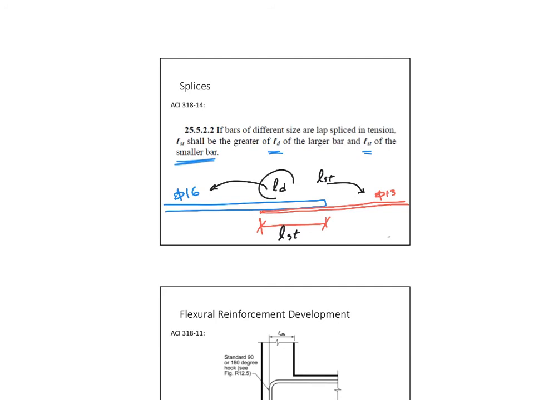So you take the bigger of LD for the phi 16 and LST for the phi 13. This is what you apply for the splice, because you have two different bars, right? Two different bars, that means dB is different from one bar to another.